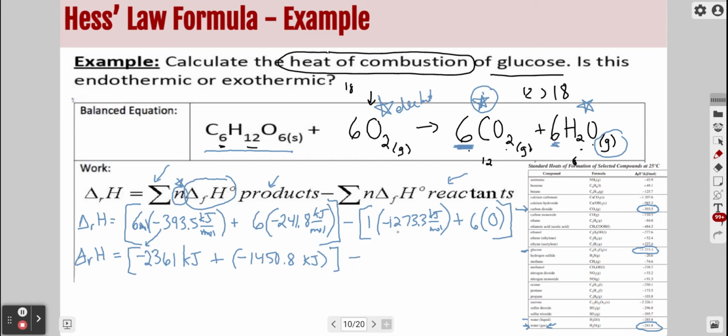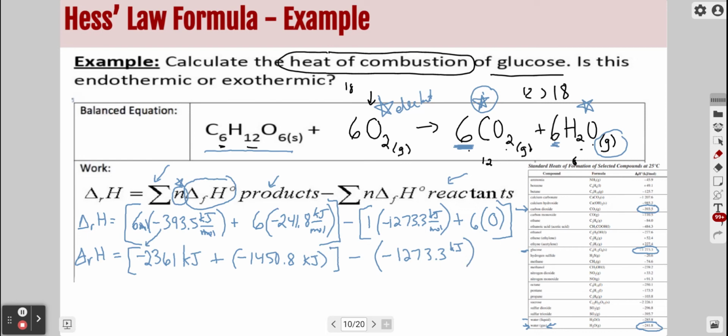We just got 1 times this number here, so negative, don't forget the negative, times negative 1, so negative 1273.3 kilojoules, because we went 1 times there, so we have no moles left. And then this is just plus 0, 6 times 0, so we'll just leave it at that.